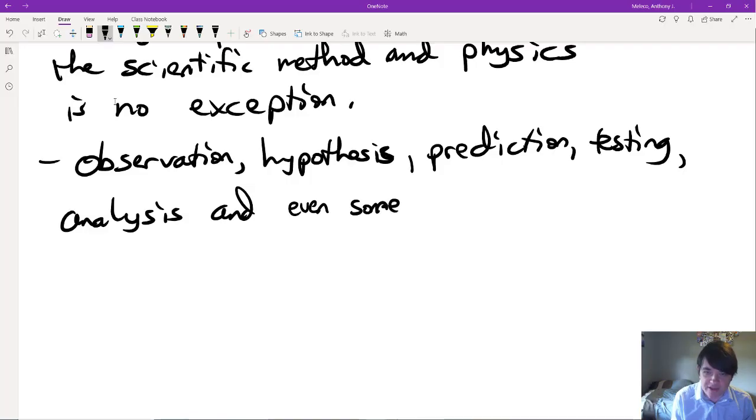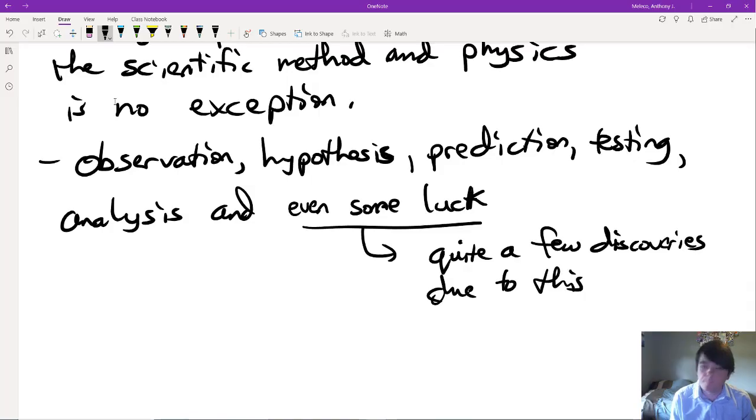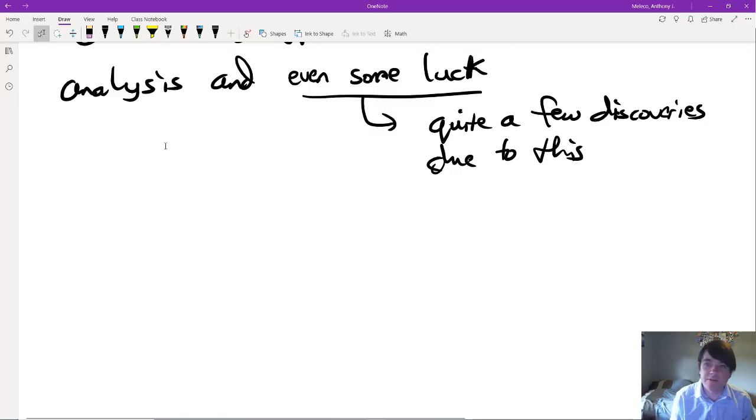That's not an official step, but there's definitely been a lot of scientific discoveries from this. There's been quite a few, right? In all fields. That if it weren't for some luck, we wouldn't have discovered it at that moment in time because we didn't know it existed.